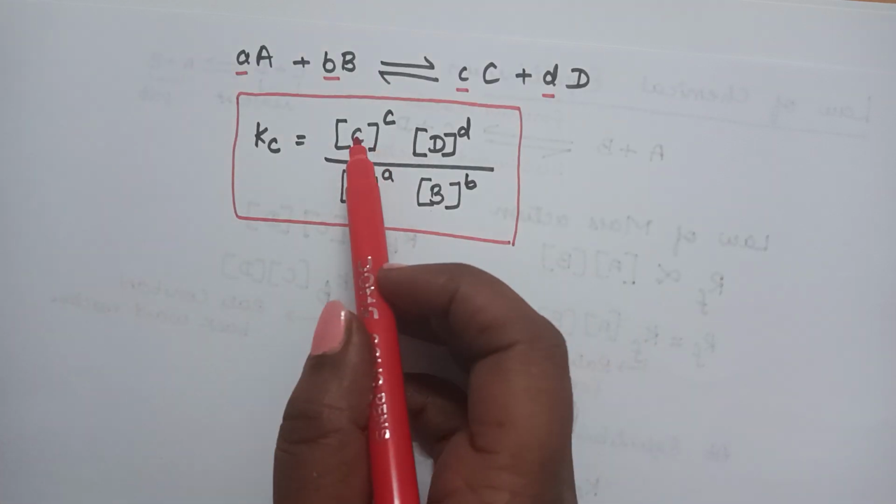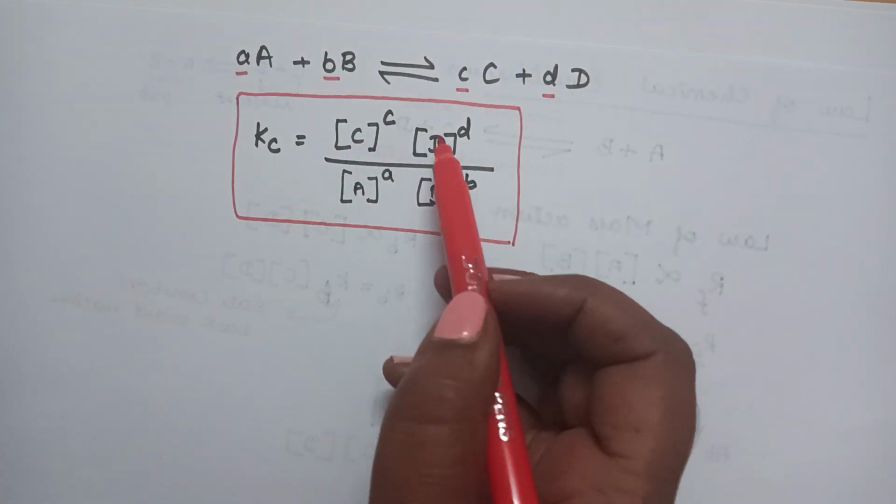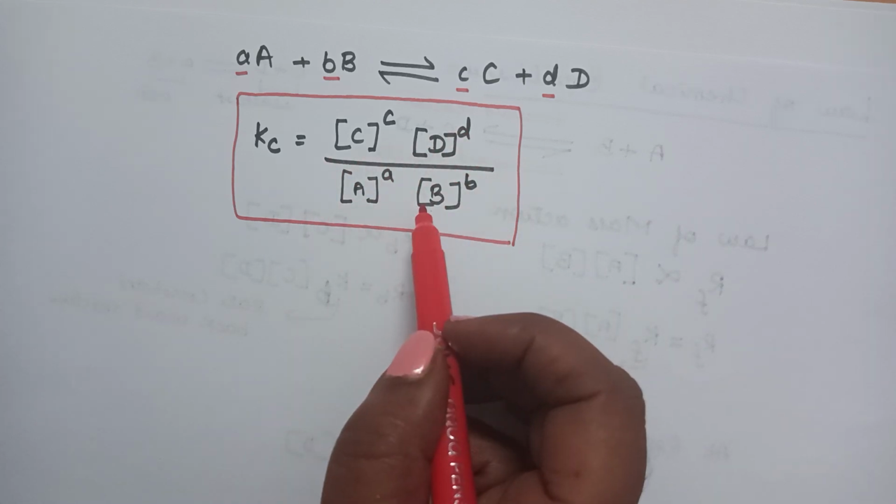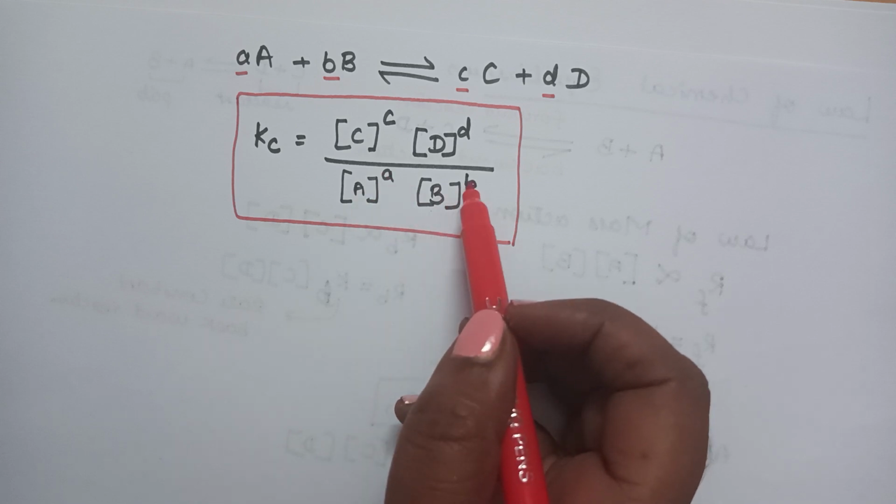So write the products raised to their stoichiometric coefficients divided by the concentrations of the reactants raised to their stoichiometric coefficients.